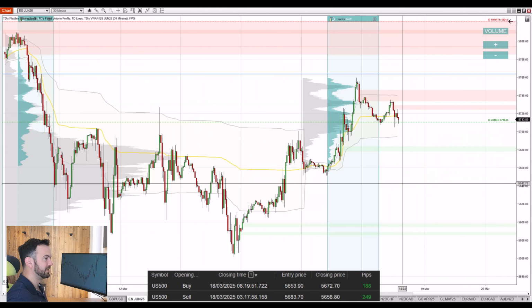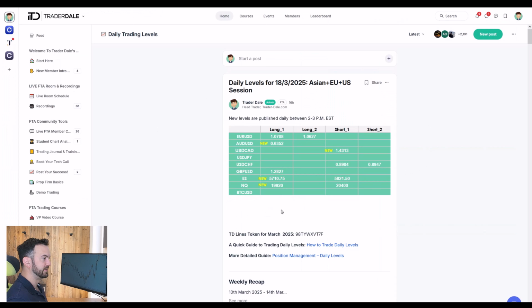So yeah, those were the two trades. By the way, both those trades, I published them in the members area, so all the members from our trading course could have traded them alongside me. Let me show you. This is the members area, and the long is here. This is the ES, this is the long, 5710.75.